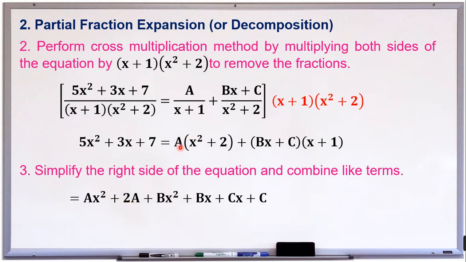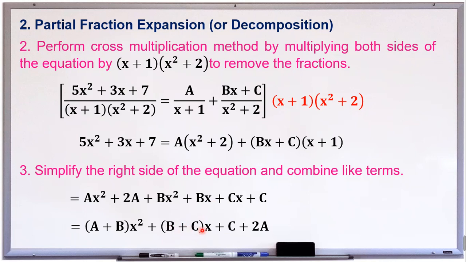Simplifying further, we can combine the terms that contain x squared. So we have a plus b. And then for the x terms, we have b plus c times x. And then we have two constants, that is, these are 2a and c.